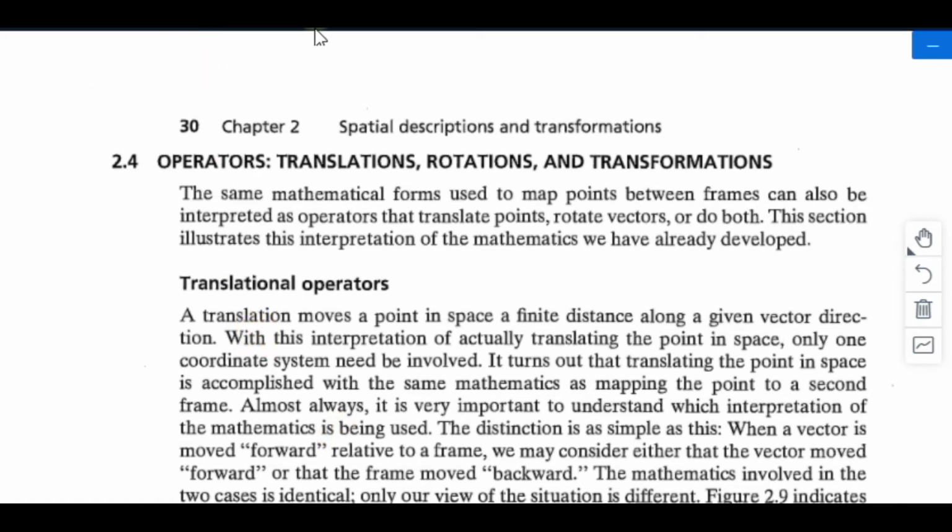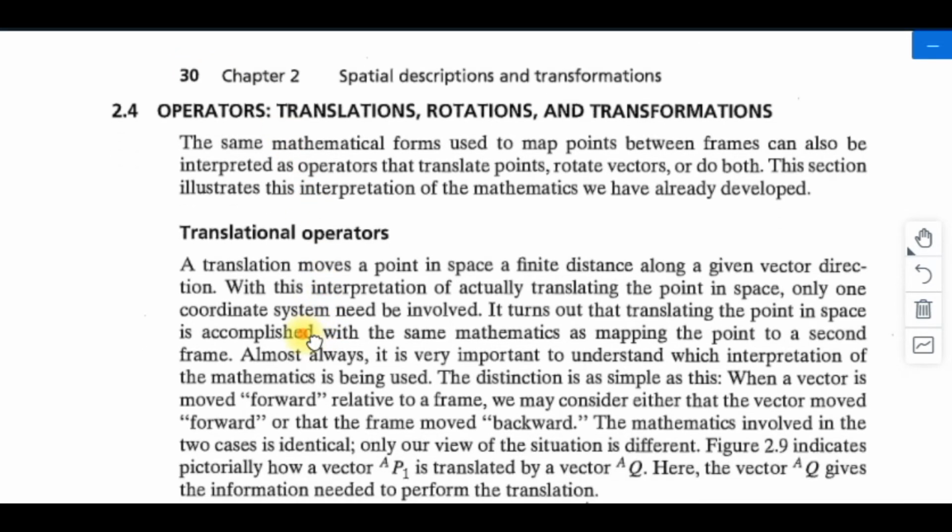So there are three types of operators for spatial description and transformation. Since we are able to determine the transformation matrix, by the help of mathematical calculation we are able to determine the present position of any point with respect to another point.